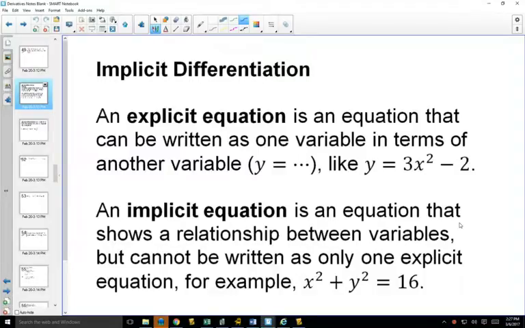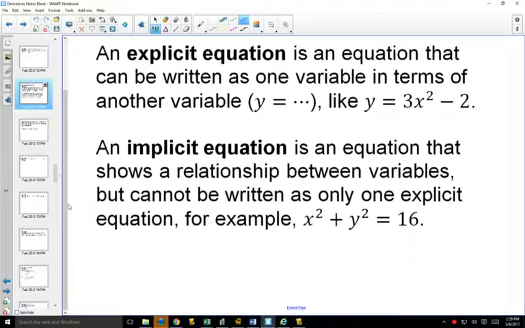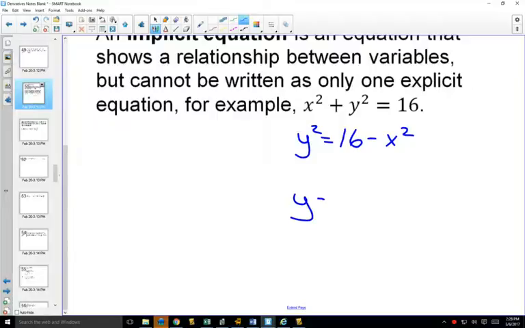So for example, this is an equation of a circle. X squared plus y squared equals 16 is an implicit equation because it can't be written as just one equation with y by itself. If you tried to get y by itself, can you see that you could first subtract x squared? But then if you wanted to get y by itself, you'd have to square root both sides. Well, what do you know about square rooting both sides?